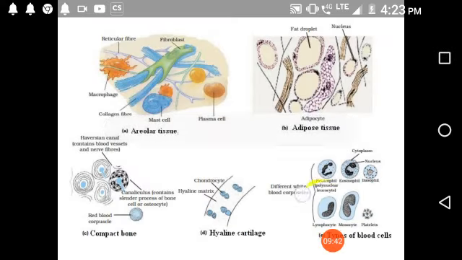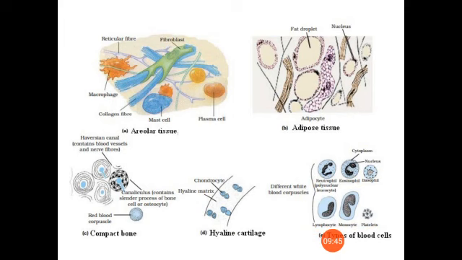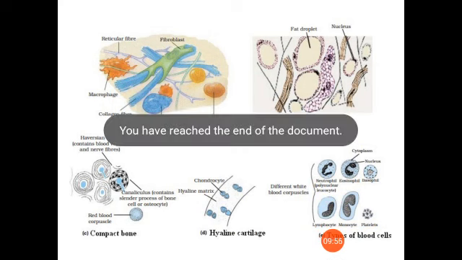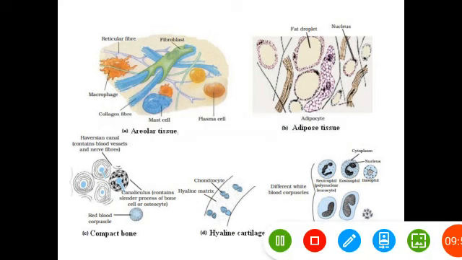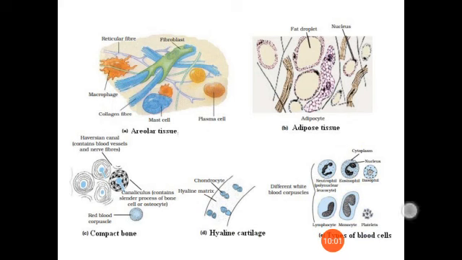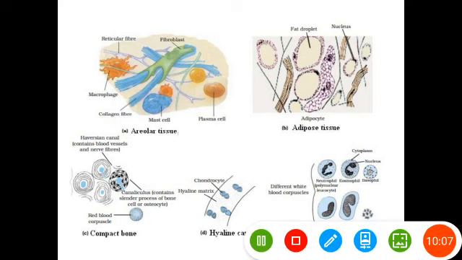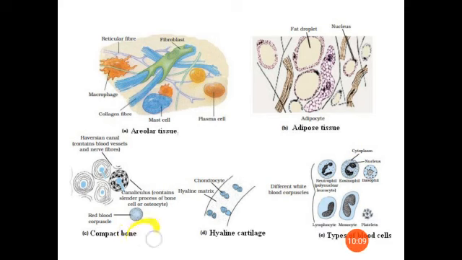And this is blood. Blood cells there. WBCs only: neutrophils, eosinophils, and basophils. Then you see lymphocytes, monocytes. All these are kinds of WBCs. Platelets you can see, and this is the RBC. So these are different kinds of connective tissues.